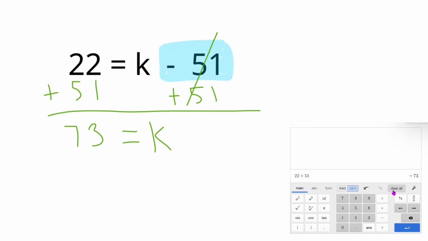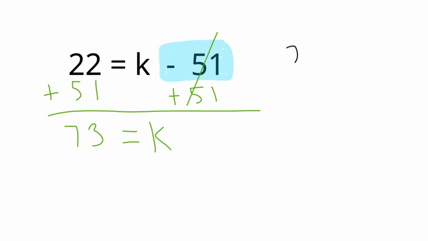Next, perform a 3-step check to confirm that your answer is correct. 22 equals k minus 51. Next step is to plug in what k is. K is 73.